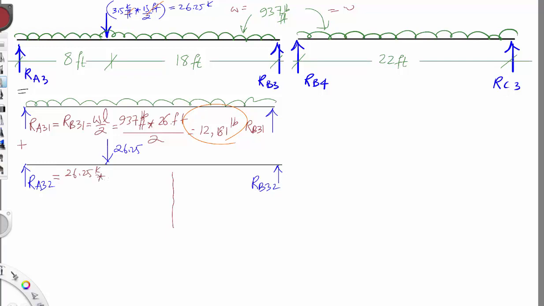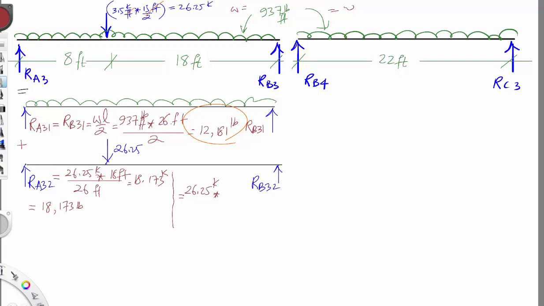The opposite distance is equal to 18 feet, by the entire distance, 26 feet, which is equal to 18.173 kips, or 18,173 pounds.